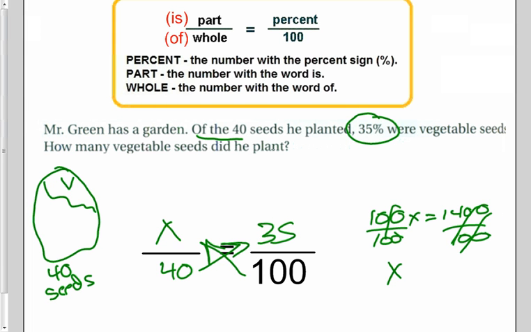So x is equal to 14. 14 is 35% of 40. 35% is a little less than 50. Half of 40 would be 20, and 14 is a little bit less than 20, so our estimating makes sense. So to answer this question, how many vegetable seeds did he plant? I would answer he planted 14 vegetable seeds.